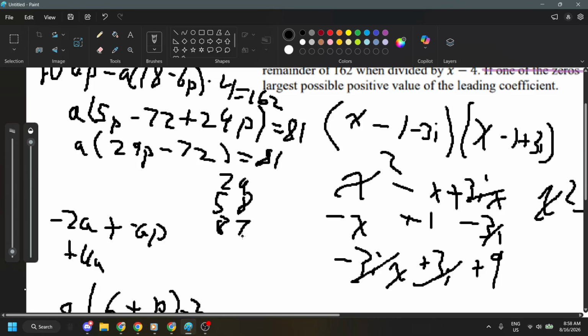Is that true? Yeah, that's true. So the smallest possible thing that this can be is 87 minus 72, which is 15. Oh, shoot. That's bad, because 18 doesn't factor this.